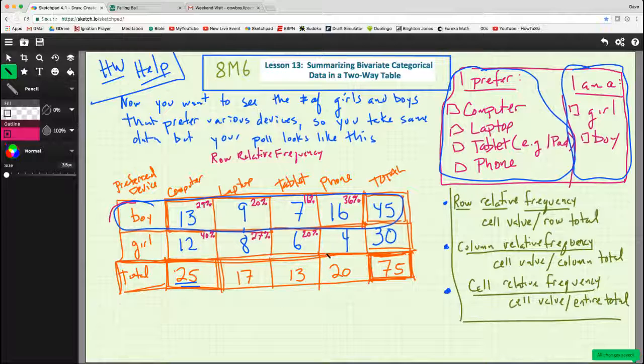And then 4 divided by 30, and we get 13%. Okay, so that's how we do those calculations.